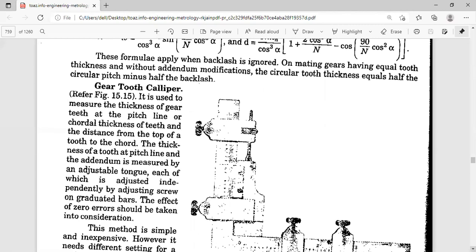So you have to adjust that by adjusting screws on the vernier scales, and you should see that the errors are not there. Whenever you are taking any instrument in the metrology lab, you have to see that there are no errors. And if any errors are there, suppose you have a positive error, you have to go for a negative correction, and if you have a negative error, you have to go for a positive correction.